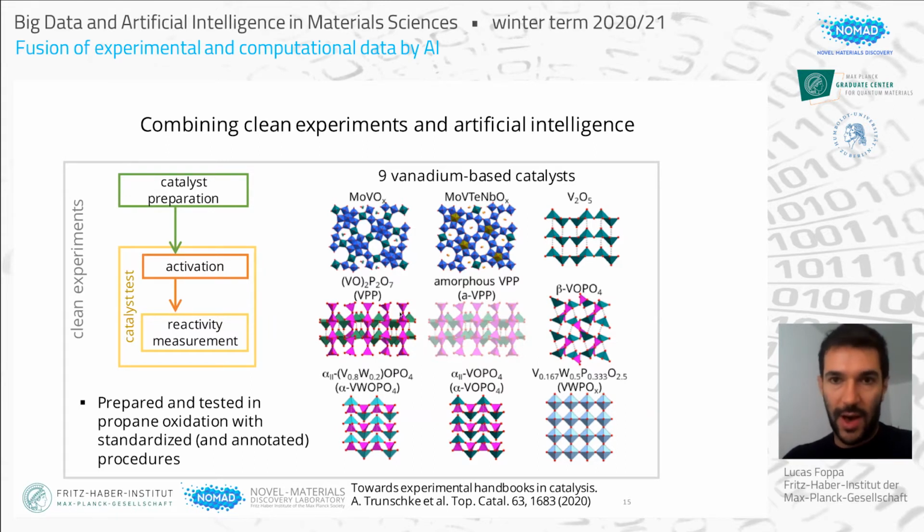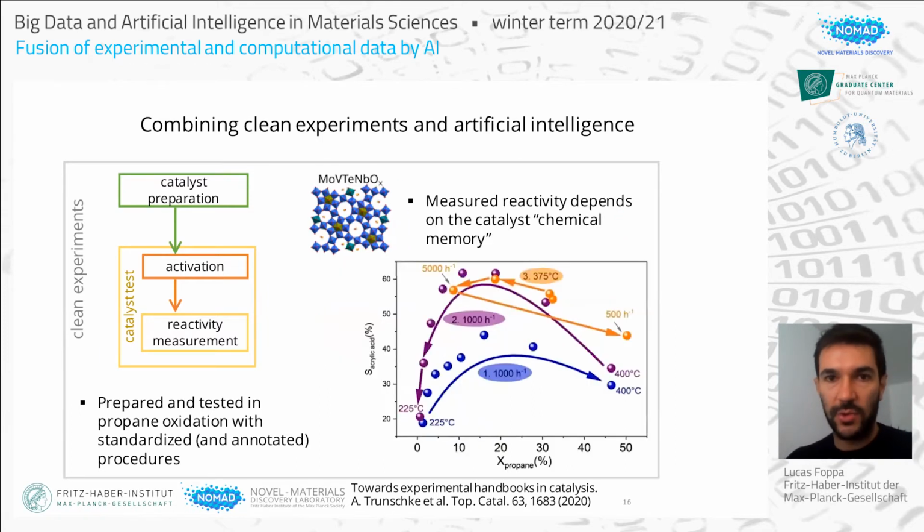So why is this so crucial in catalysis? Why do we need this very standardized procedure? I'm showing here an example of how this can be crucial. This is the same catalyst as I was showing before, this MoVTeNbOx. The point I want to make here is that the reactivity that we measure depends on the catalyst chemical memory. What does it mean?